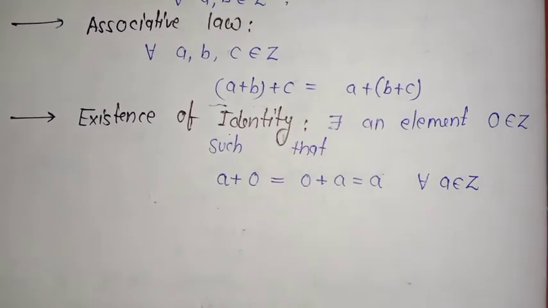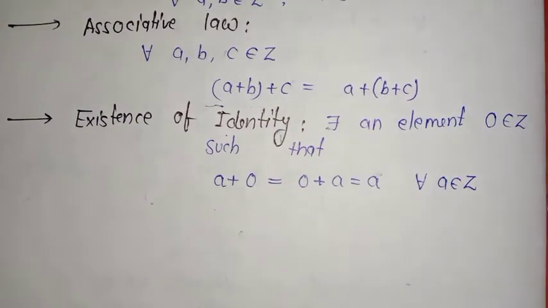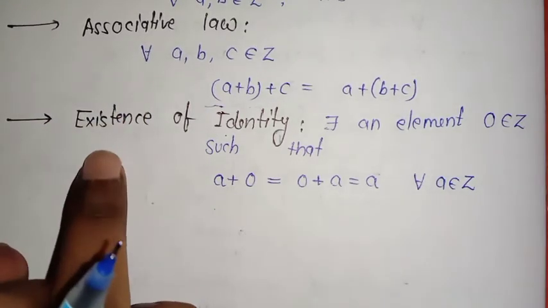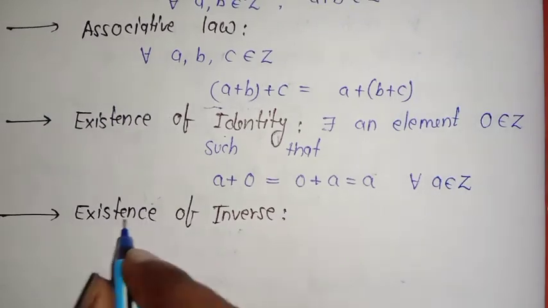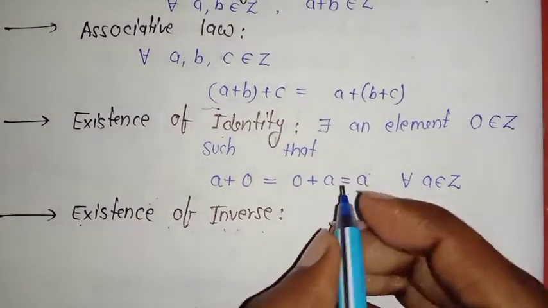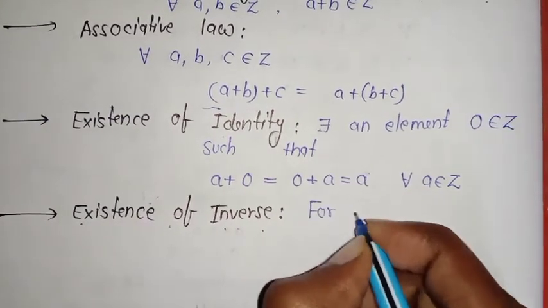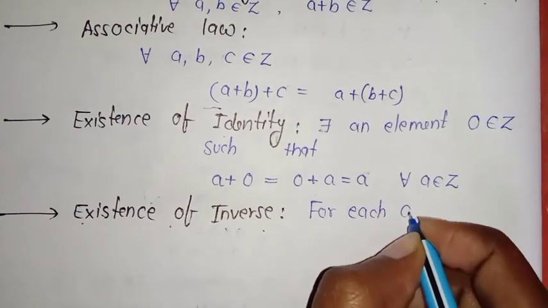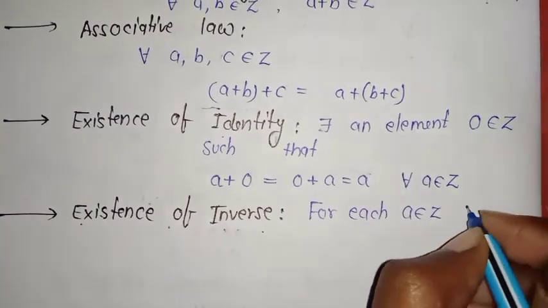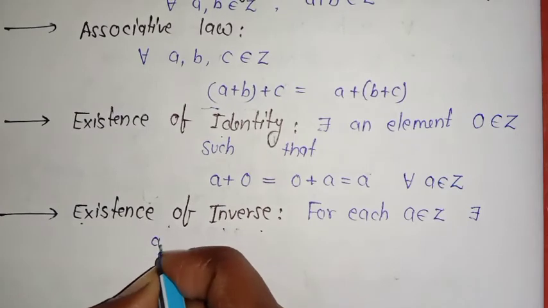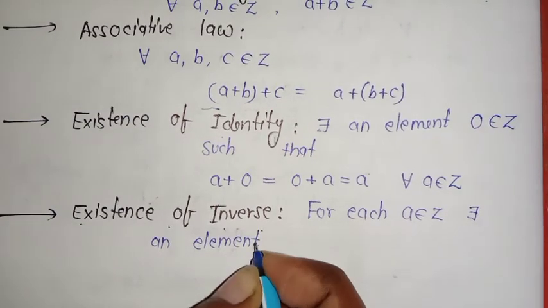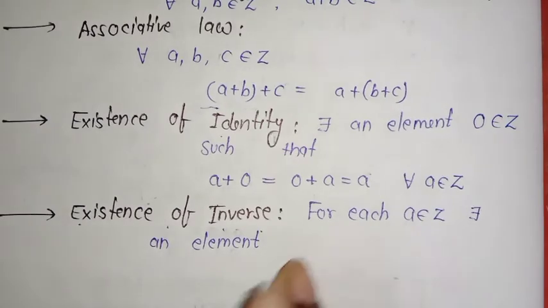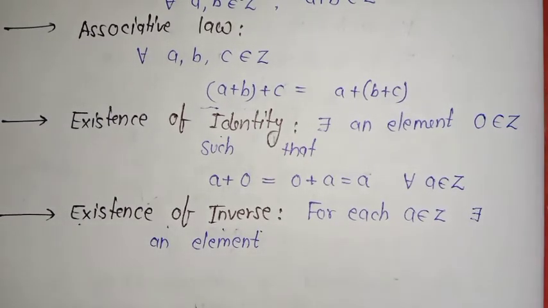Now we will check the last property of the group, that is existence of inverse. Existence of inverse states that for each a belongs to Z, there exists an element a inverse, and a inverse will be of the form additive inverse.